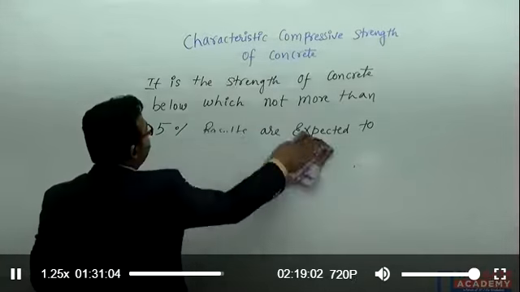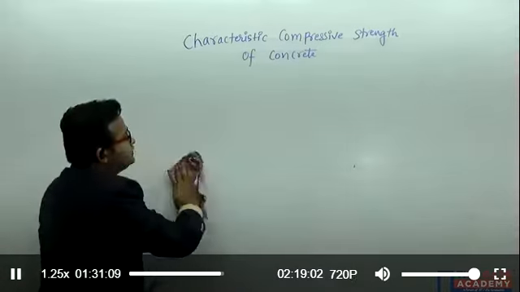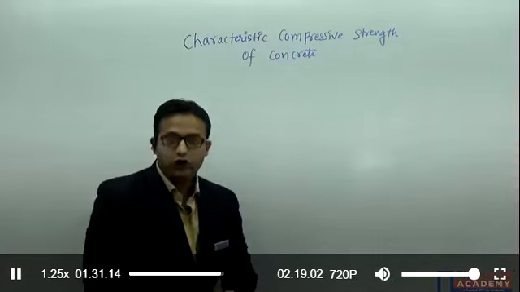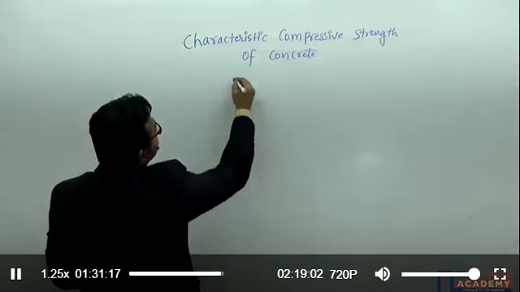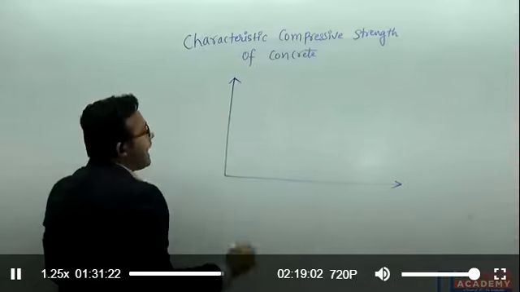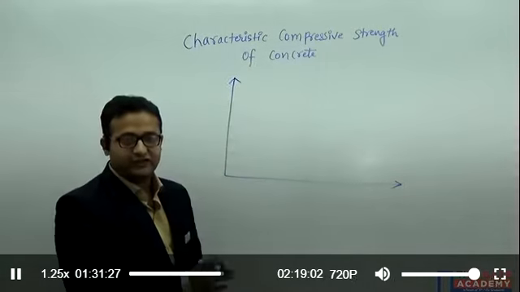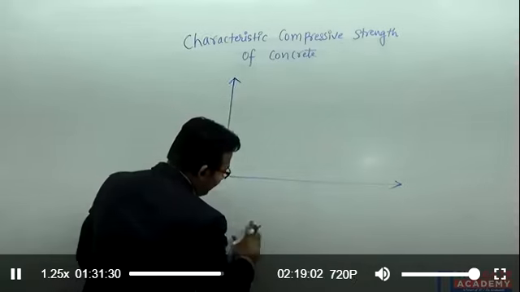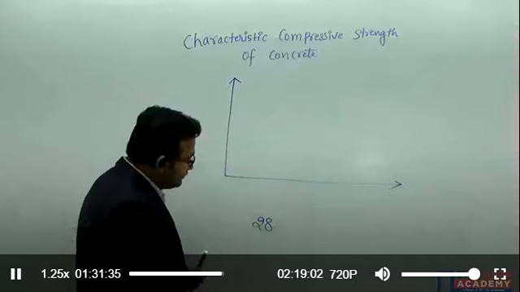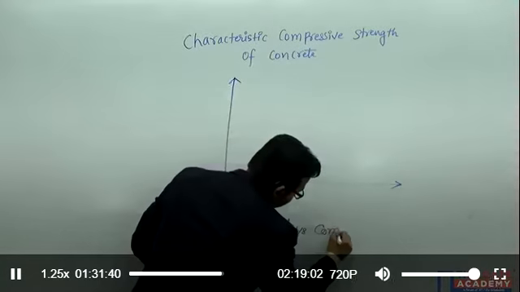Generally, we have discussed the characteristic compressive strength of concrete, which we denote by FCK. Right? We denote it by FCK. Suppose I have prepared a number of cubes and I am testing them in the compression testing machine after 28 days of curing. So here I can write, on the x-axis I am taking the 28 days compressive strength.